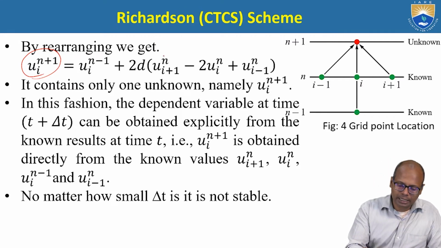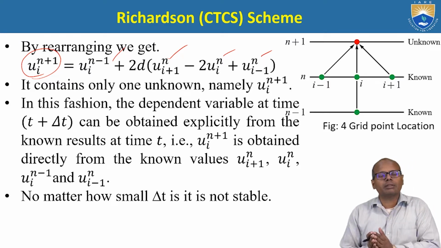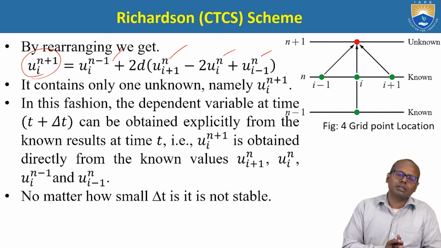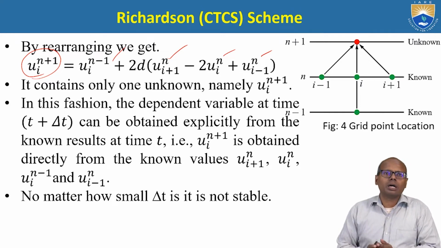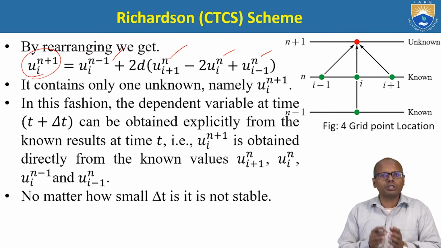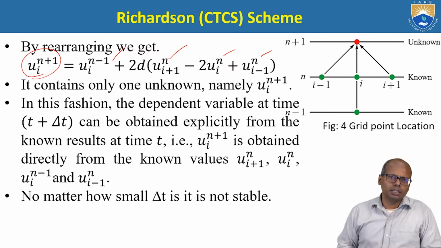We are at n, and n minus 1 is already known. So the time step n and n minus 1 values are already known, and we have to find the n plus 1th time step. Only one unknown is there, and all the known values are used to find the unknown value.